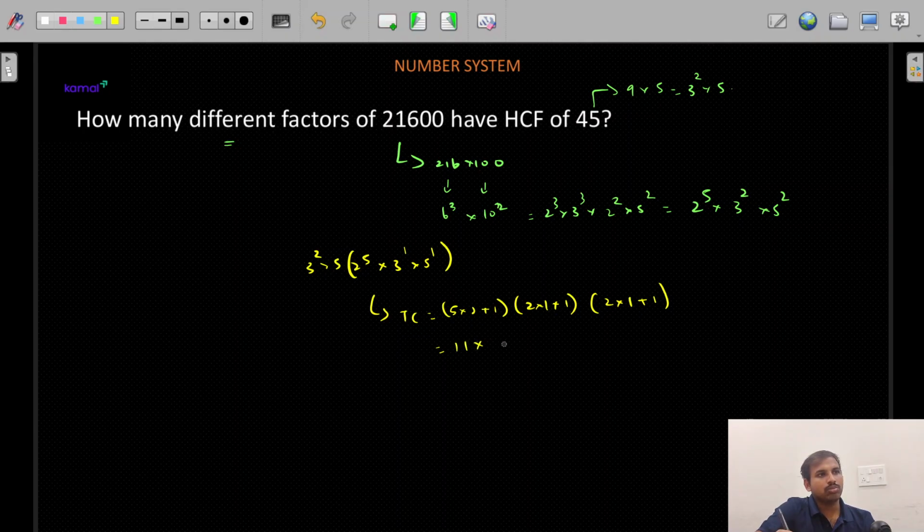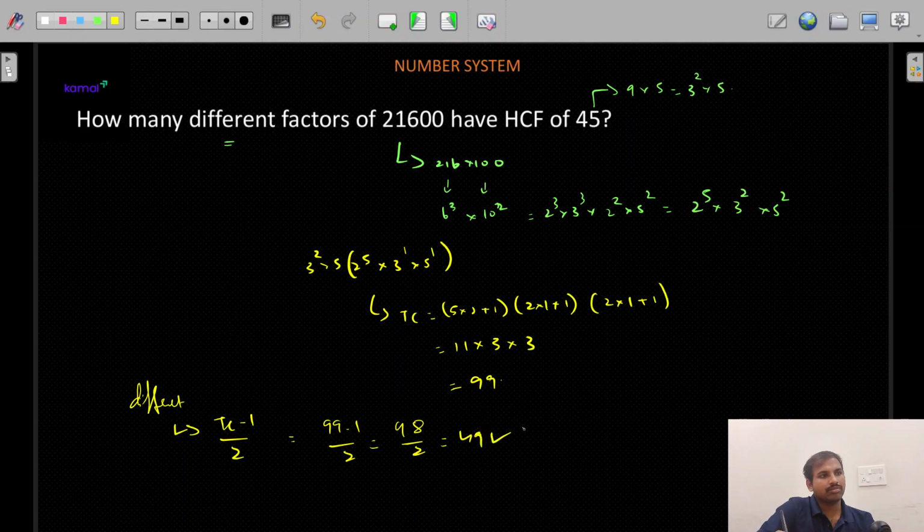Again 2 ones are 2, 2 plus 1 is 3. The same thing here also, 3. Totally 99 cases. Since they are talking about different, the formula is (total cases minus 1) by 2. Total cases 99 minus 1 by 2 is nothing but 98 by 2, which is 49. 49 is my answer.